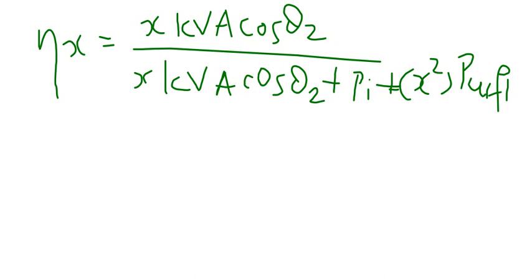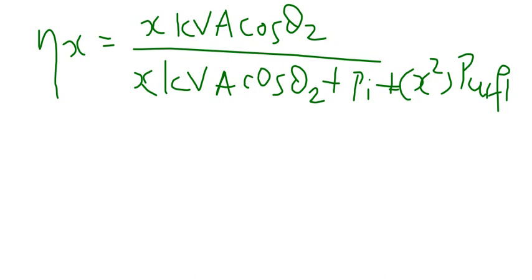This is the formula. Please try to understand this. I have not written it properly on my screen, but this is the formula: x kVA cos theta 2 divided by x kVA cos theta 2 plus Pi plus x square into PCU full load.